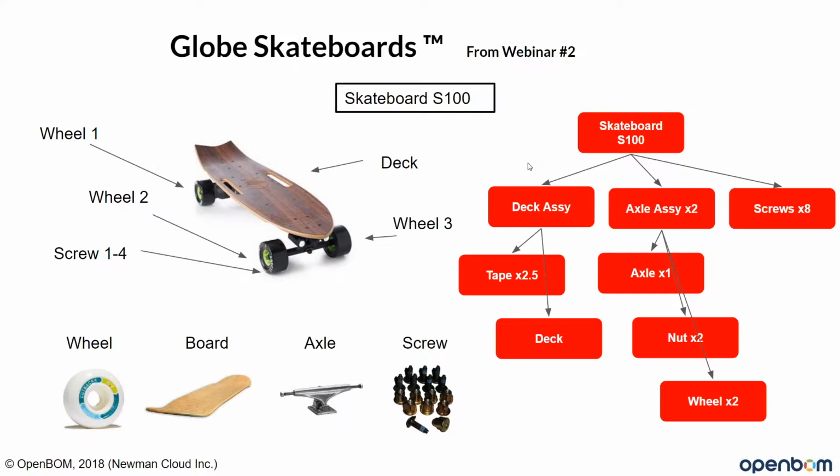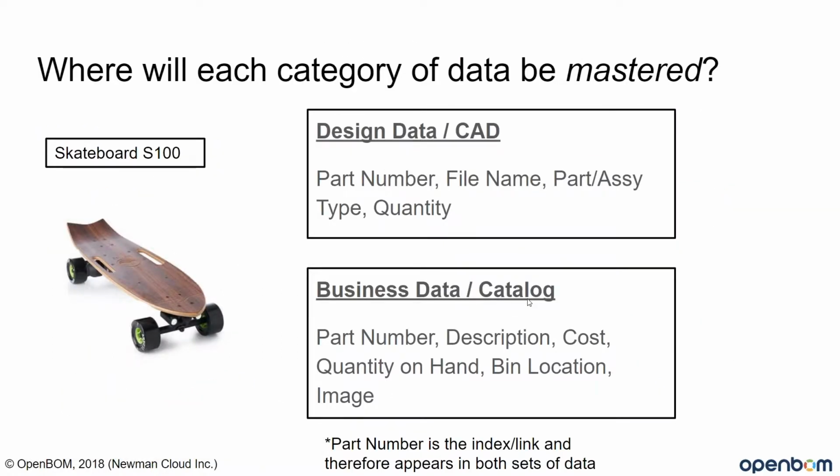Let's go back to the skateboard example. Here's a product on the left and what a product structure might look like on the right. I show this slide really just to orient you to the structure of the thing we're building here today, the skateboard, and some of the terminology and the sub levels.